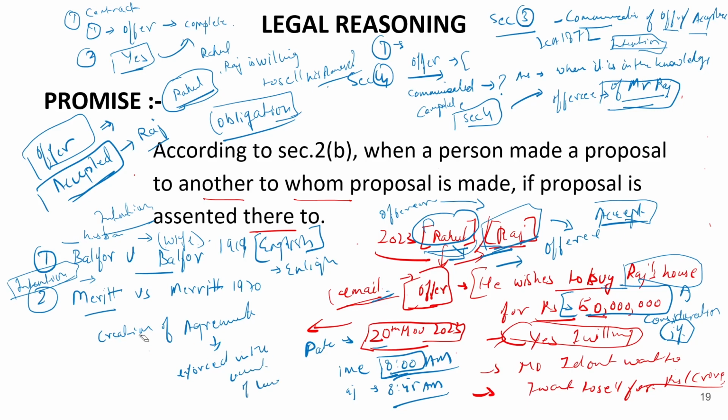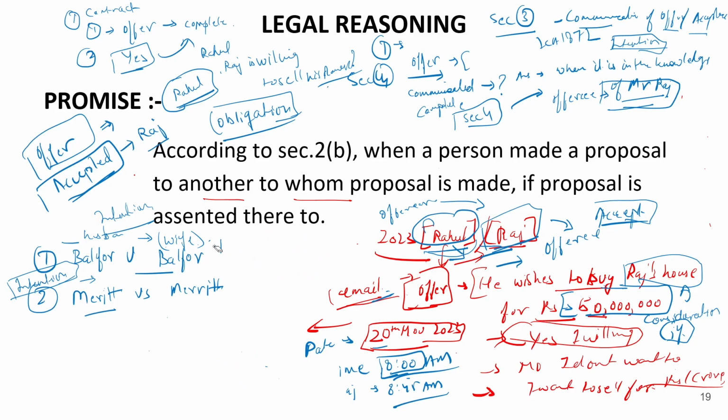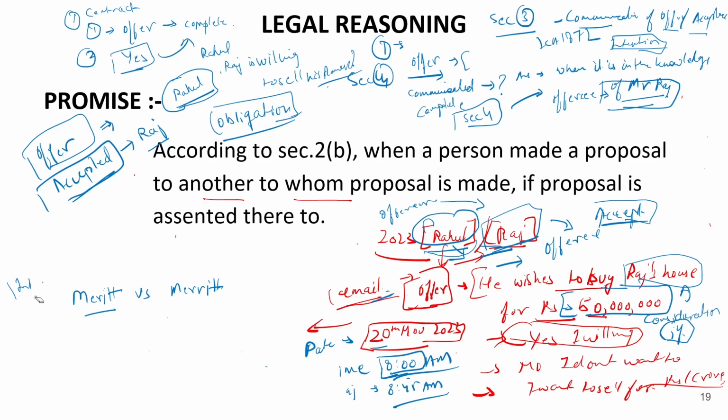Now we have understood that there should be intention, and for the intention we need proper communication. That proper communication has been mentioned under section 3 and section 4. Section 3 talks about that we should have intentions to enter into a legal obligation, and that is why the communication should be such that the intention should be properly conveyed. And after that, section 4 talks about communication when complete.